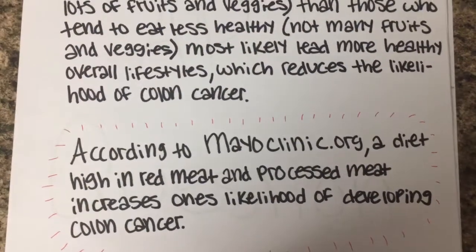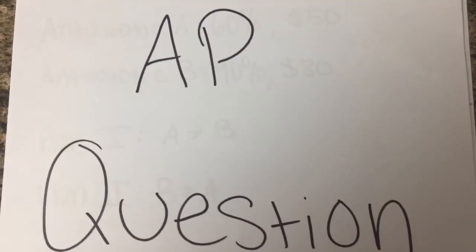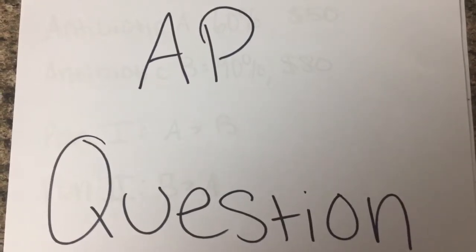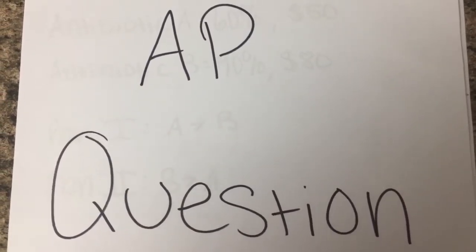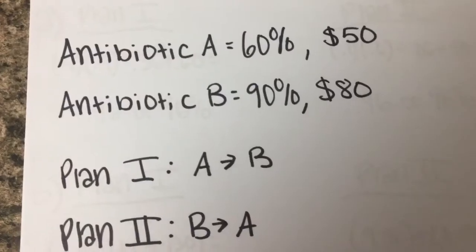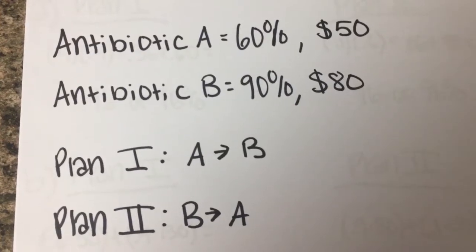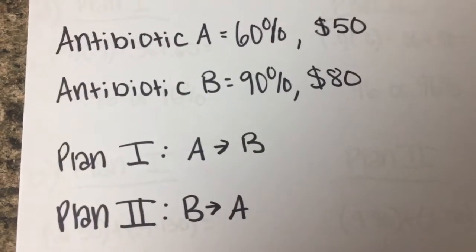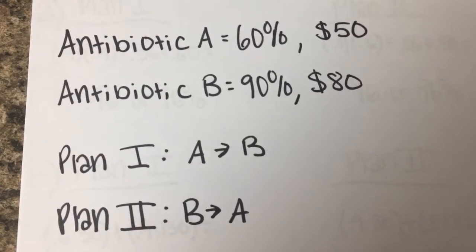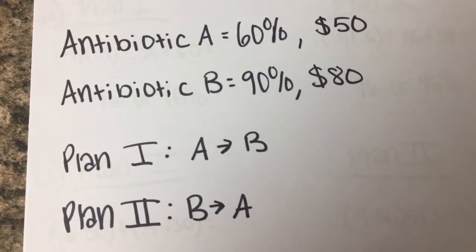The final question is the AP question, and it asks about a situation involving treatments from antibiotics that cure common ear infections for children. So, antibiotic A had a 60% chance of curing the ear infection, and that cost $50, but antibiotic B had a 90% chance of curing the ear infection, although it cost $80.